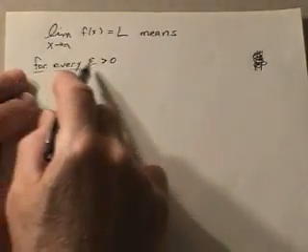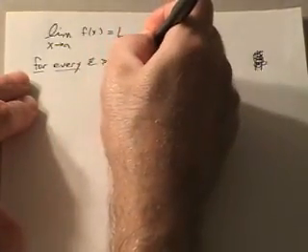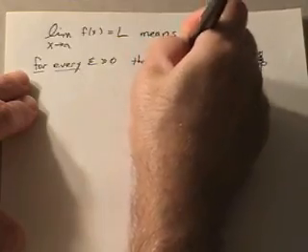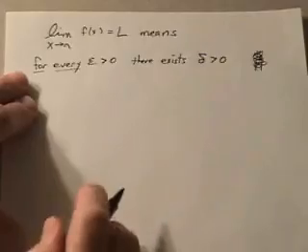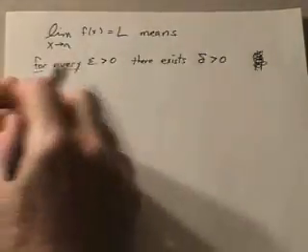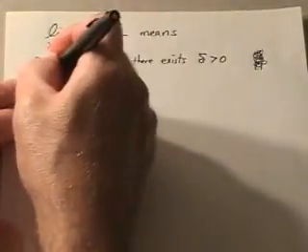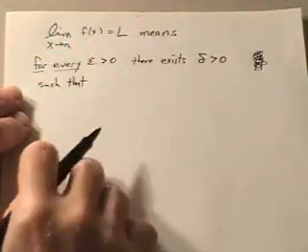Okay, so for every possible epsilon, no matter how small, there exists a positive number delta. So for every possible epsilon, there is a delta such that, and here's the punchline.